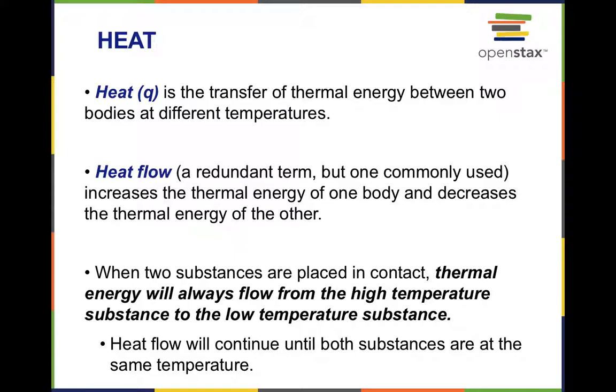And heat flow is somewhat redundant, but it is commonly used, and it means that the thermal energy will flow from the higher energy body into the lower energy body, so that they will come to a thermal equilibrium, or the same temperature, after being in contact. When two substances are placed in contact, thermal energy always flows from the higher temperature substance to the lower temperature substance. That's the definition of thermal heat flow.